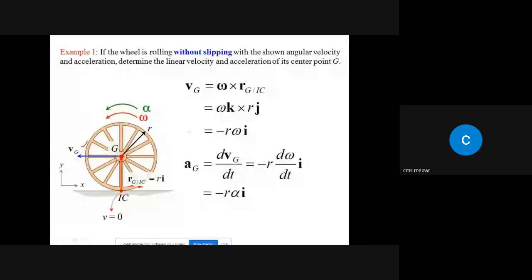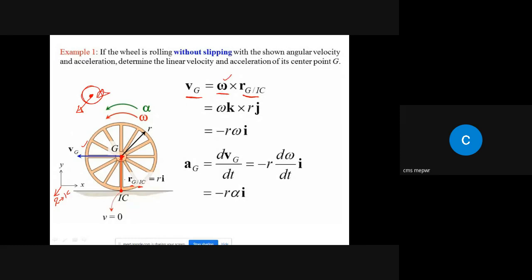To find the linear velocity of point G, since we have simple rotation, it will be the cross product of angular velocity and the position vector. Since the rotation is like this, the direction is perpendicular to the plane. This is the xy plane, so the direction is perpendicular to the plane, and if this is plus z, the unit vector along z is k. So we write omega k.